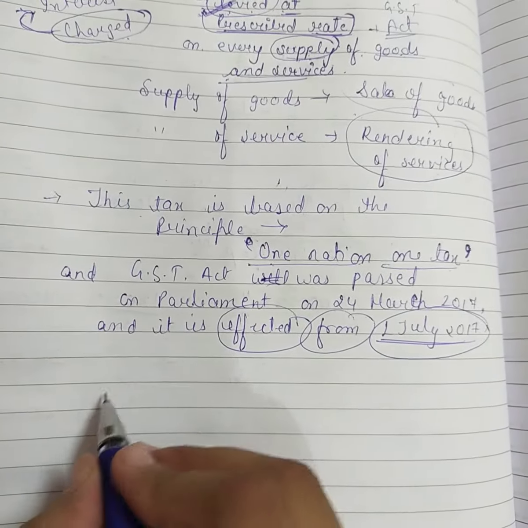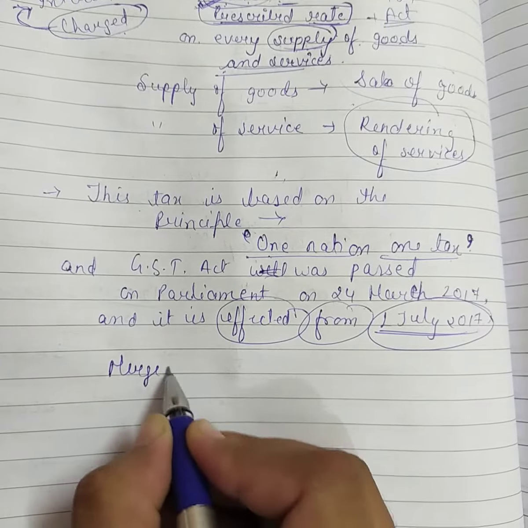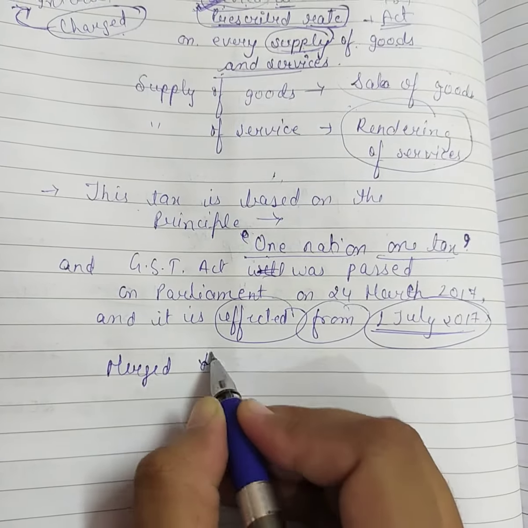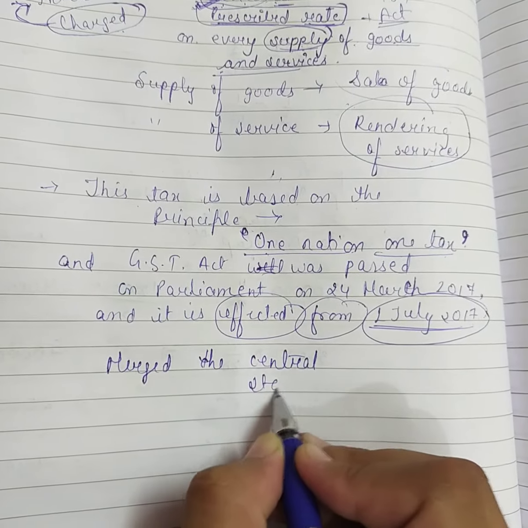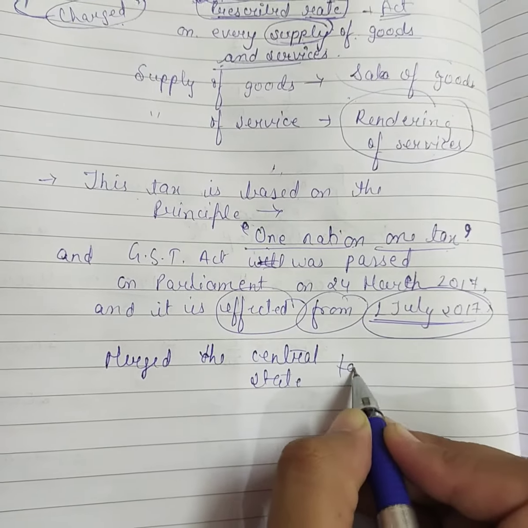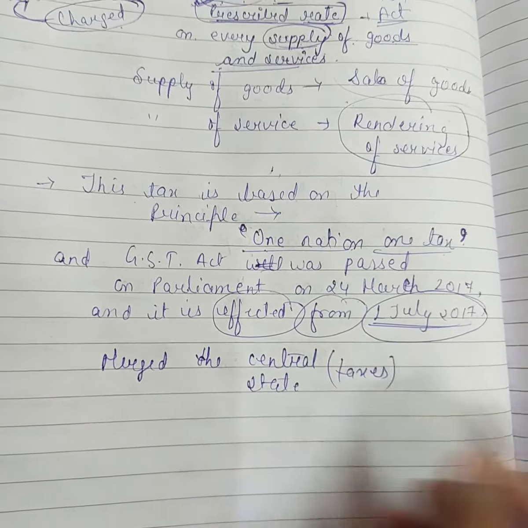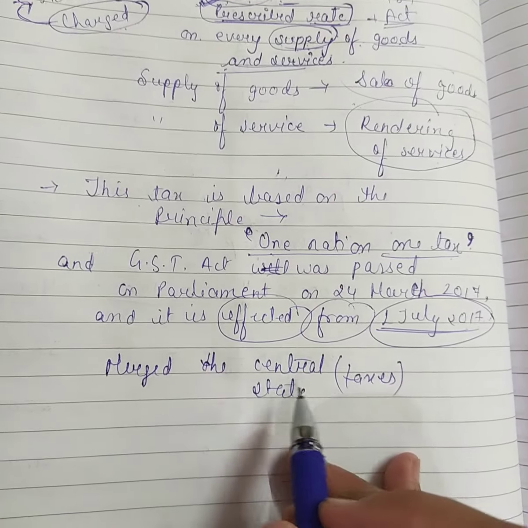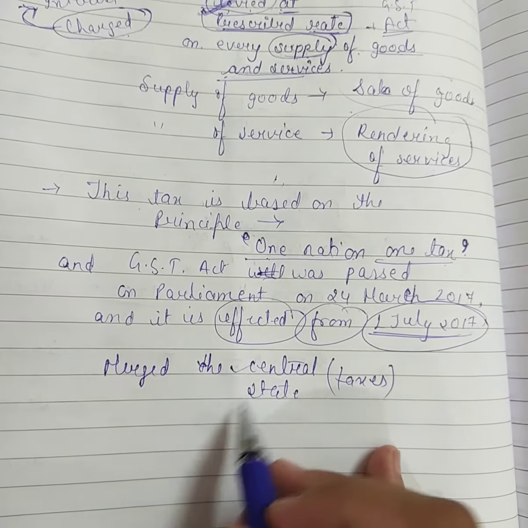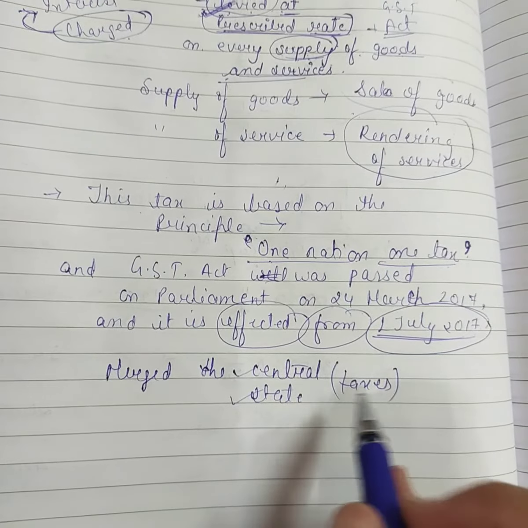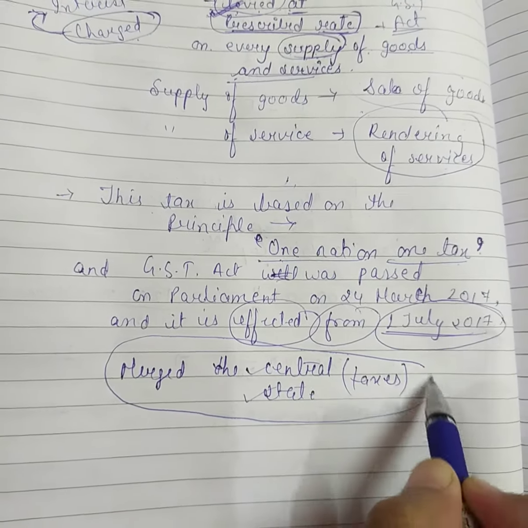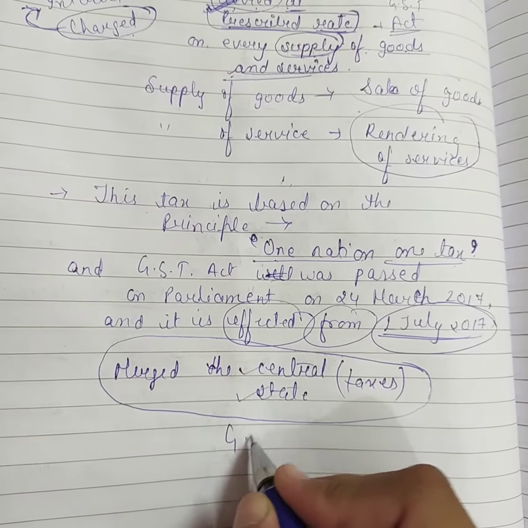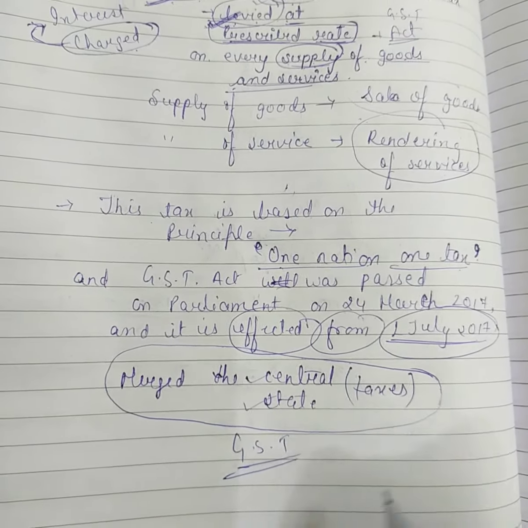Because it has merged the central and state tax. It means there are so many taxes that have been levied by central or state governments, and now all those taxes are merged into a single tax, and we are calling it GST.